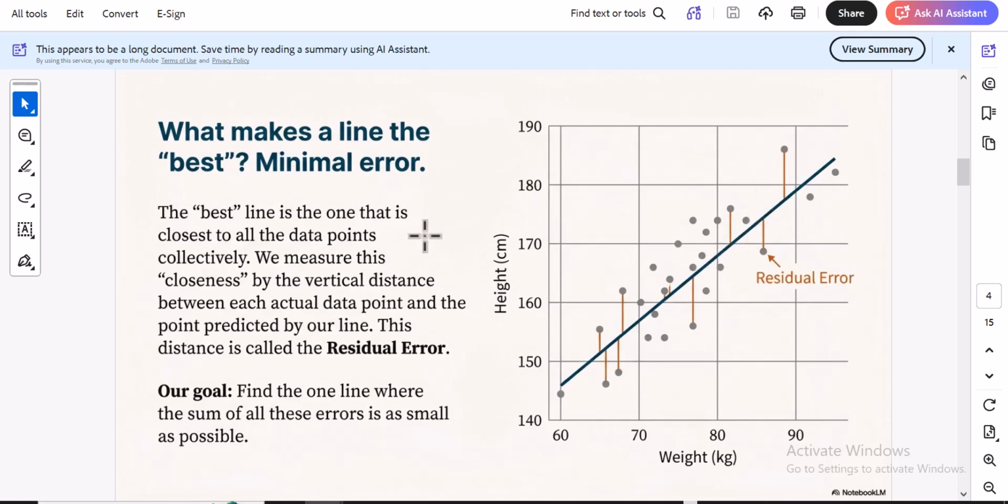So the best fit line is the one that is closest to all data points collectively. We measure this closeness by the vertical distance between each actual data point and the point predicted by our line. This distance is called the residual error. And our goal is the one line where the sum of all these errors is as small as possible.